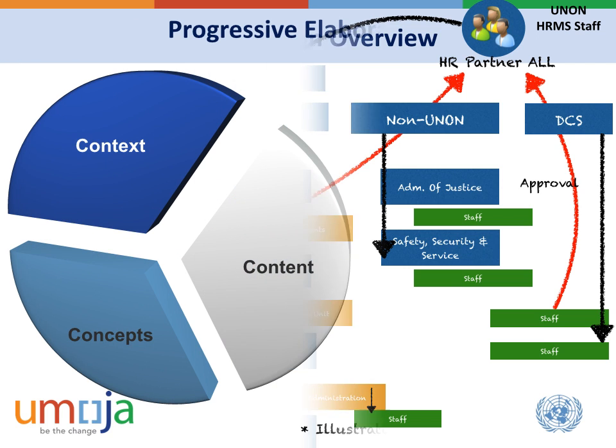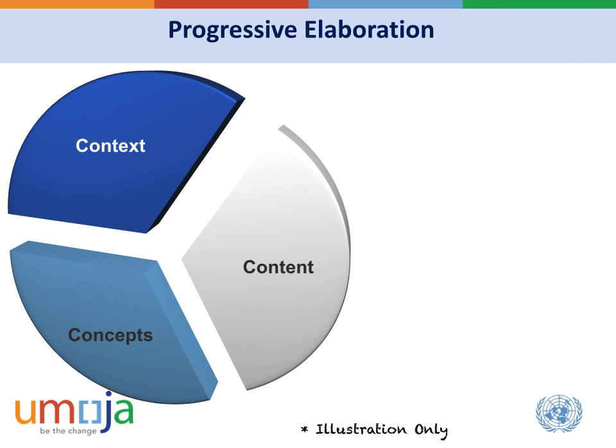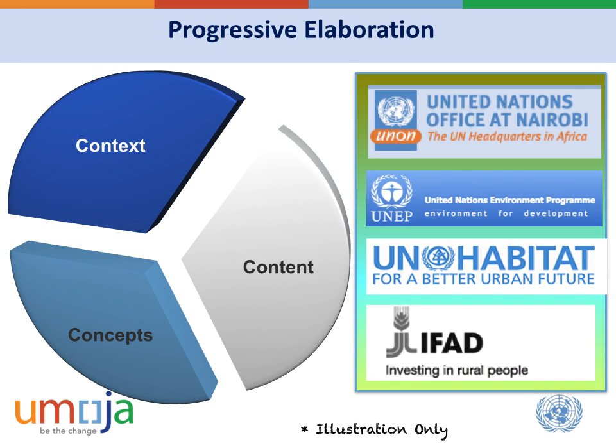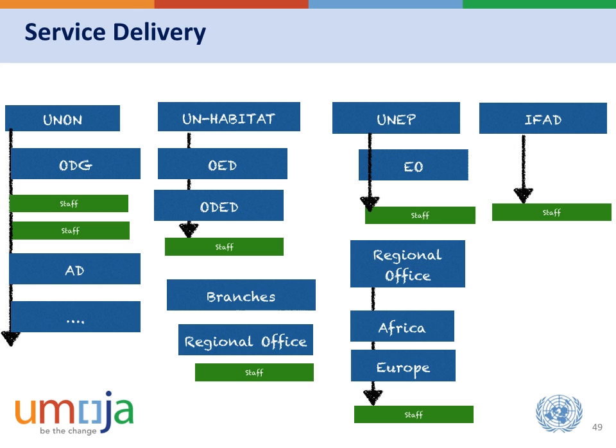And let's do the progressive elaboration, the same context, concept, and content, when it applies to multiple entities. For example, in this case, I picked up UNEP, UN Habitat, and IFAD, again for illustration purposes only. If I take this and try to make it more like a service delivery component, you're going to see all these as org units, like UNON, UN Habitat, UNEP, and IFAD, and we'll have all the sub-org units and the staff members underneath that.